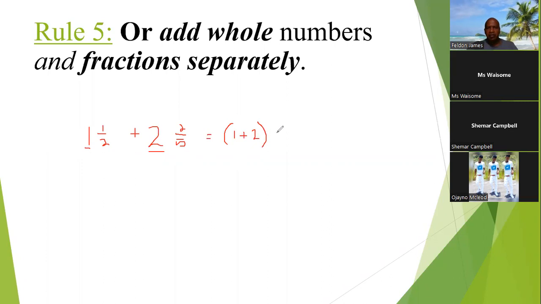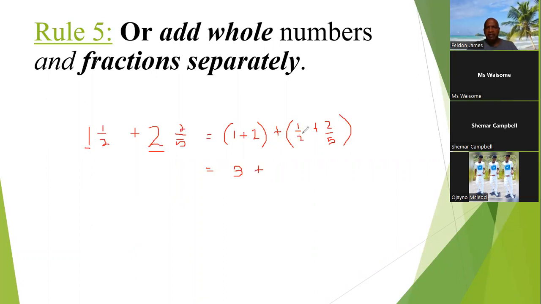So that would be the whole number parts. Now we have the fractional parts, which are 1/2 and 2/5. We also add those in brackets by themselves. To add the whole numbers is pretty straightforward: 1 + 2 gives you 3.